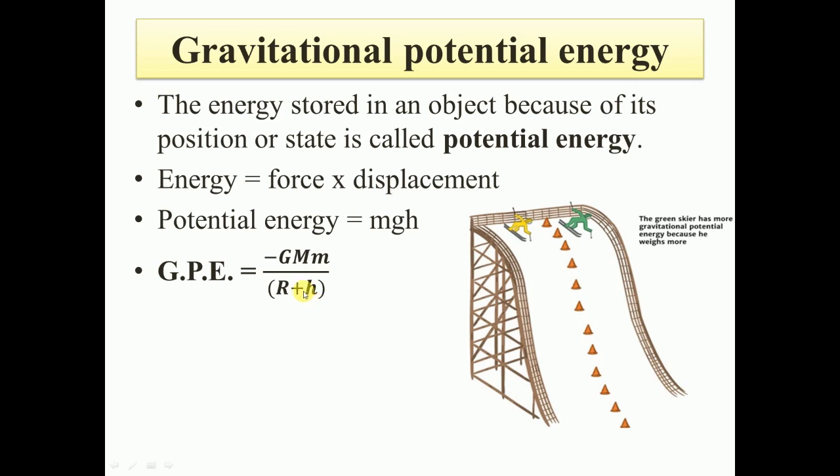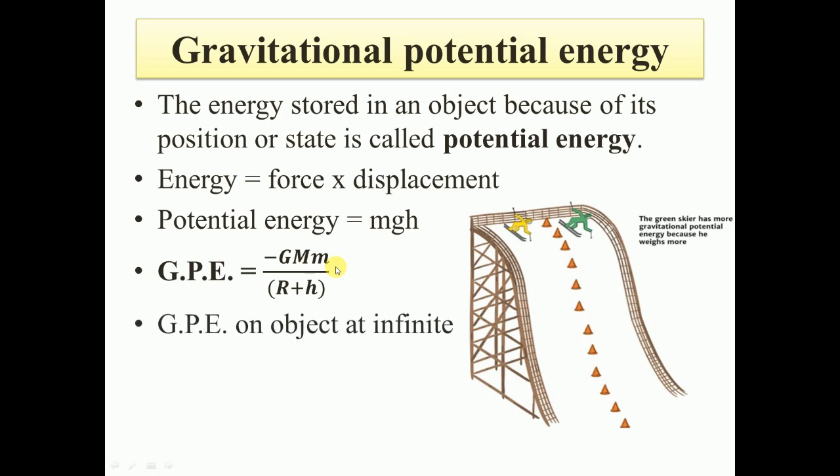So here it is minus. r is the radius of the earth, h is the distance from the surface of the earth. Capital M is the mass of the earth, which you know is 6 into 10 to the power 24 kg, and small m is the mass of the body. We can consider our own masses, or any other object present on the surface of the earth.